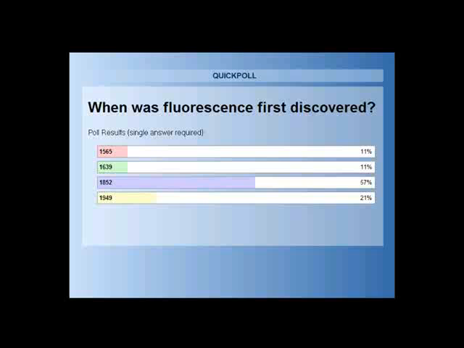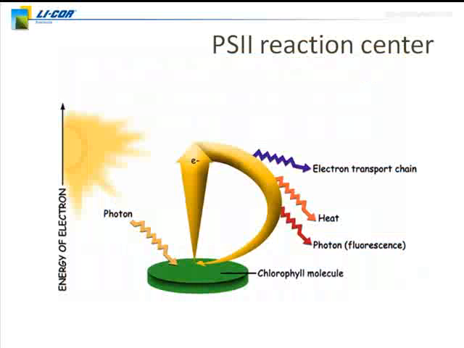And Stokes is probably more well known for the Stokes shift, which states that absorption bands are shifted to longer wavelengths when they are emitted. So he was very revolutionary in this field of work.